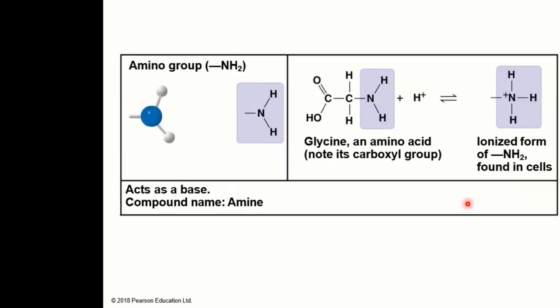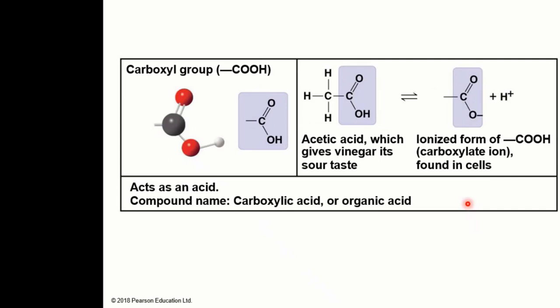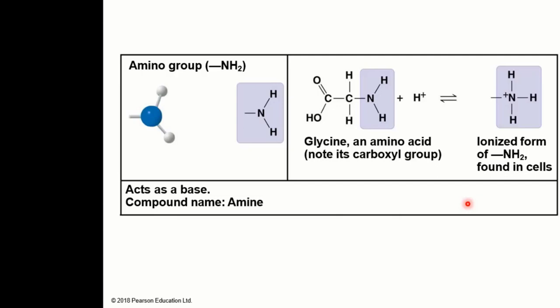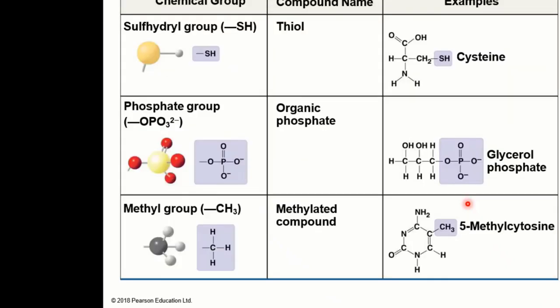If you compare them, the amino group acts as a base and the carboxyl group acts as an acid. The compound name for the carboxyl group is carboxylic acid or organic acid, and the one for the amino group is amine.